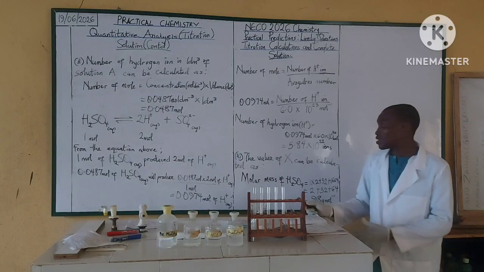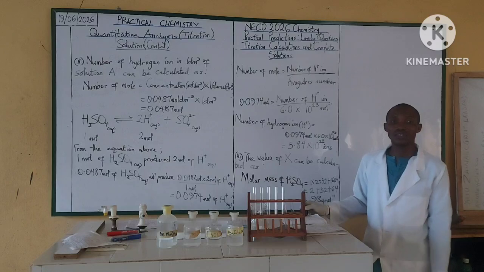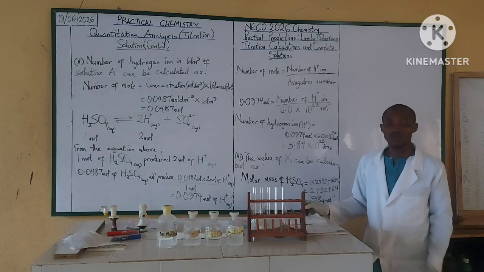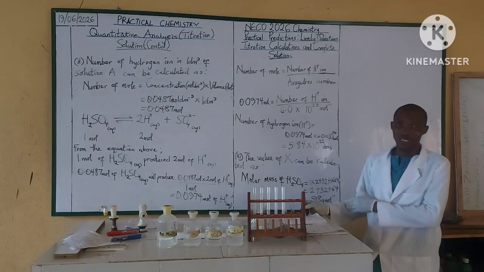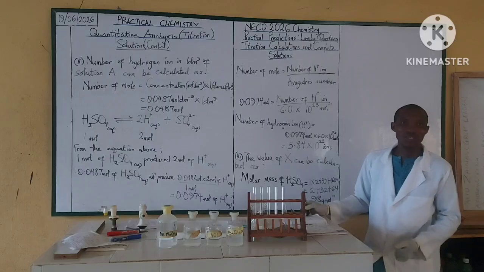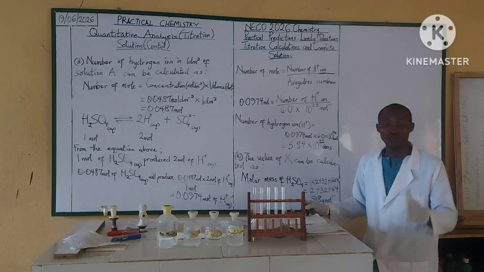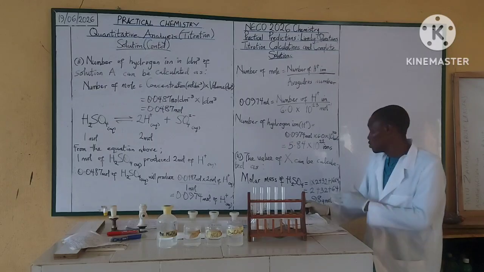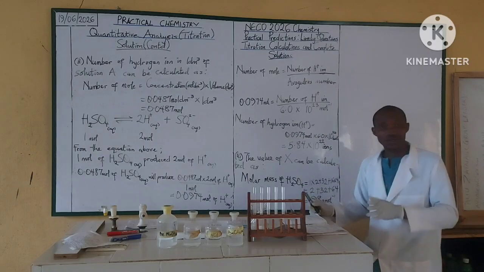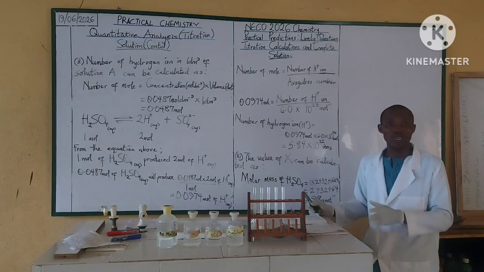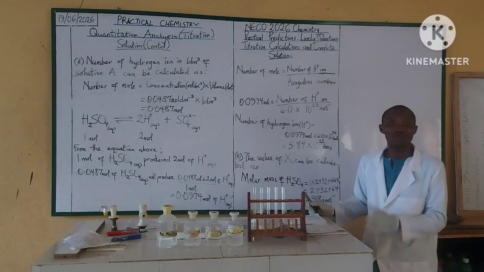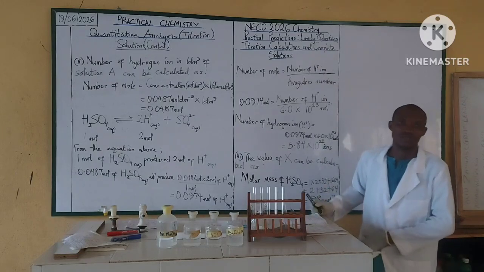Therefore, we can make the concentration in gram per dm cube the subject of the formula. Our concentration in gram per dm cube of X will be equal to concentration of solution A in mole per dm cube multiplied by the molar mass.